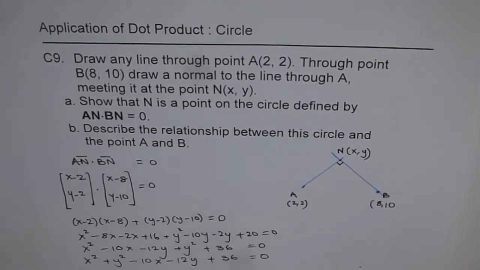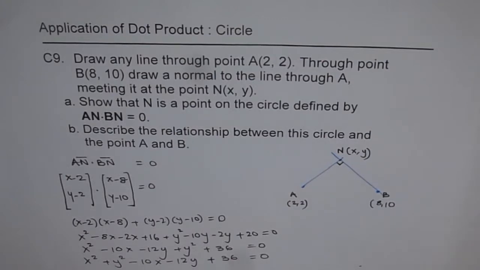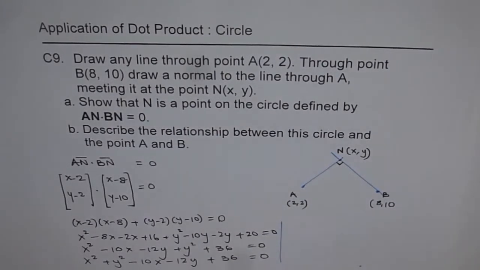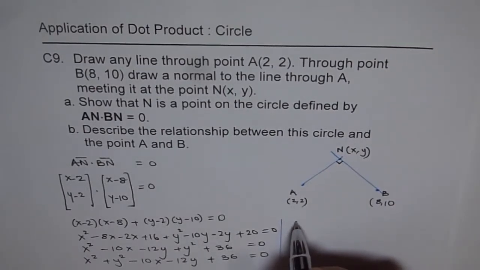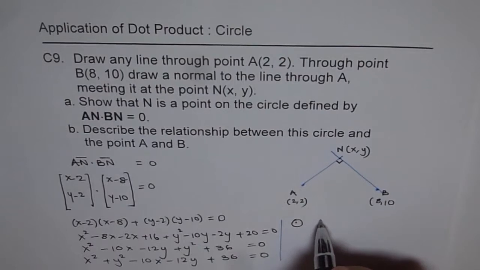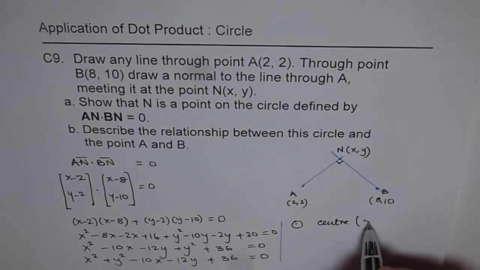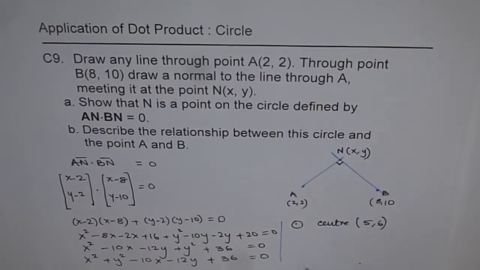That gives us an equation of a circle with center at half of 10, which is 5, and half of 12, which is 6, so centered at 5, 6, right? That is what we came out with.